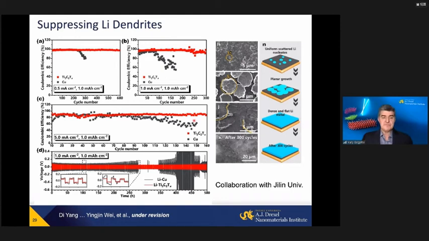This is a paper with Professor Yinjin Wei and Alex Gao from Jilin University, showing stable cycling over 600 cycles of lithium, and a uniform film of lithium because of planar growth of lithium, not dendritic growth, on the surface of MXene.